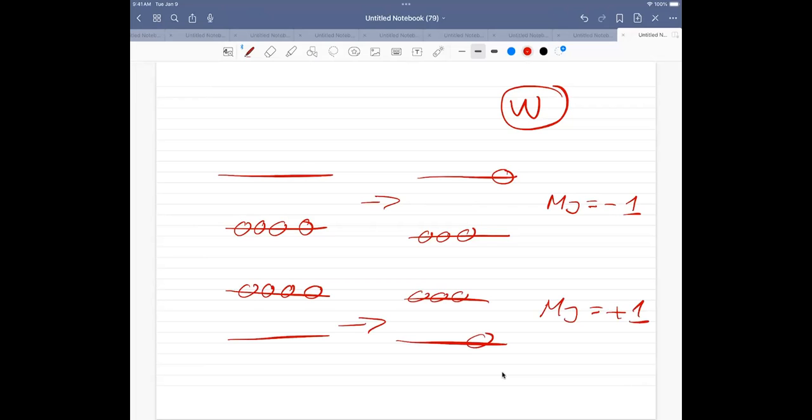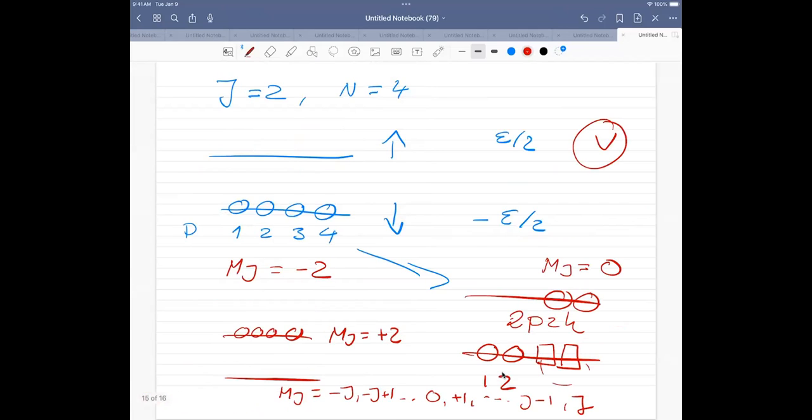I know what the stretch state looks like. The stretch state means that I have all particles in one single particle state, and there's only one way I can make that. You see, if you look at this one, I can only make this organization here in just one way.